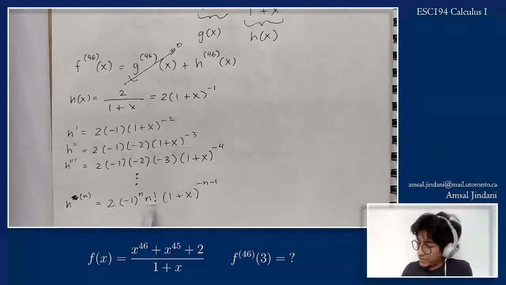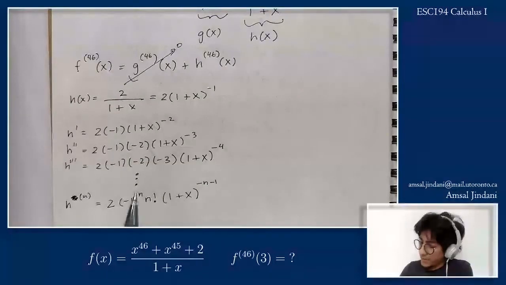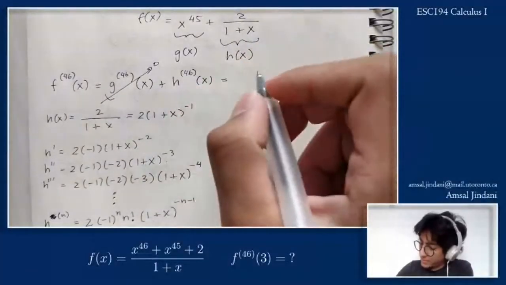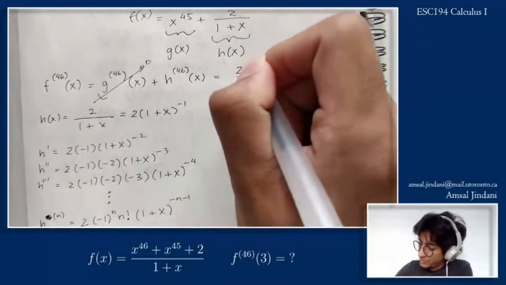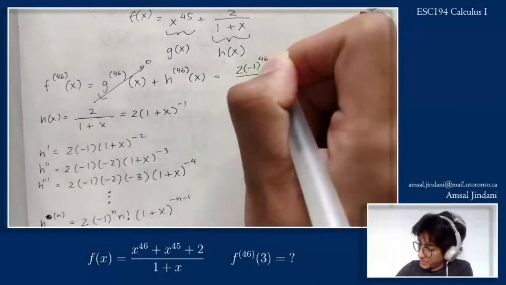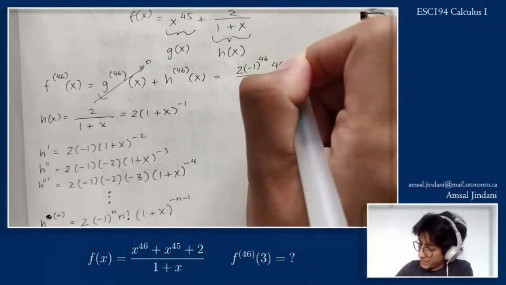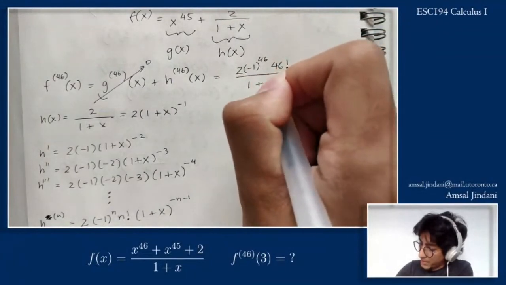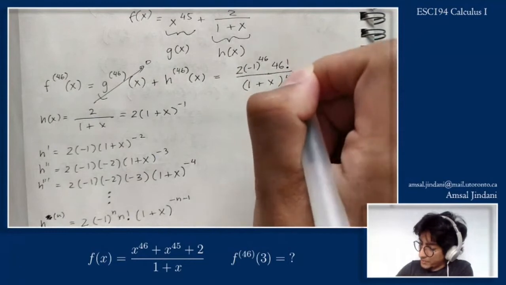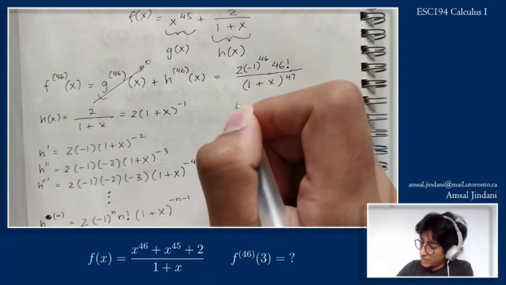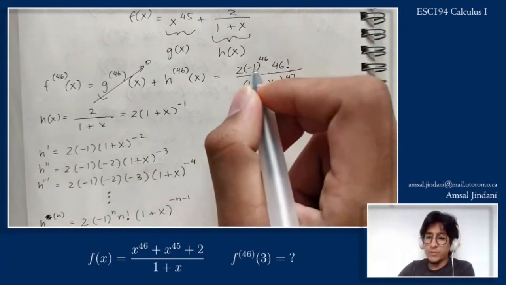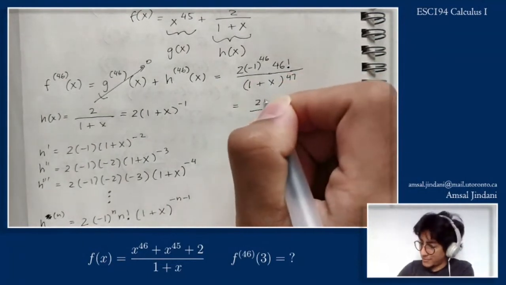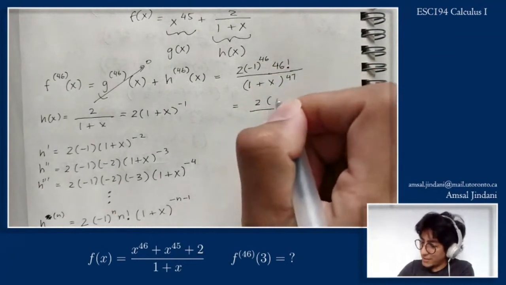Okay, so we found that pattern for h. So what happens if I want h46, the 46th derivative? What do I get? I have 2 times negative 1 to the power 46 times 46 factorial over (1 plus x) to the power 47. What's negative 1 to the power 46? Is it positive or negative? It's positive. Okay, so it's 1, so I can just leave it out.